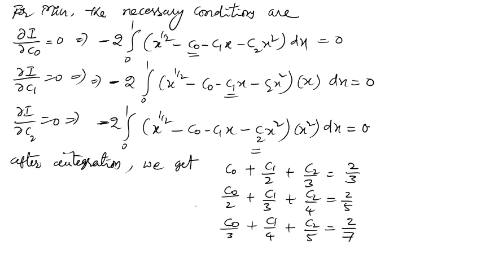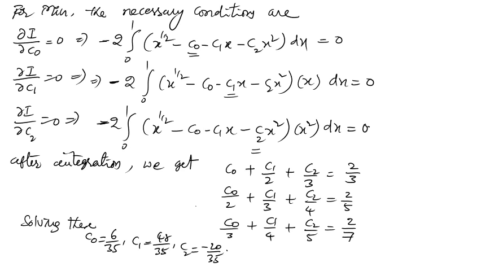Okay, solving this, we get c0 equal to 6 by 35, c1 equal to 48 by 35 and c2 equal to minus 20 by 35.